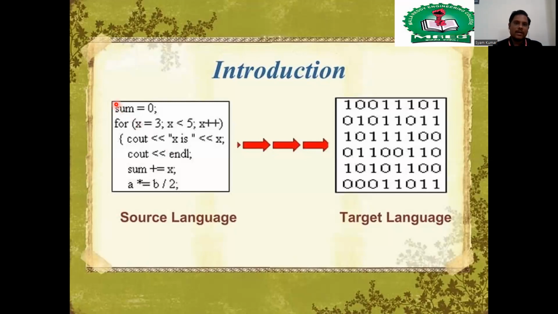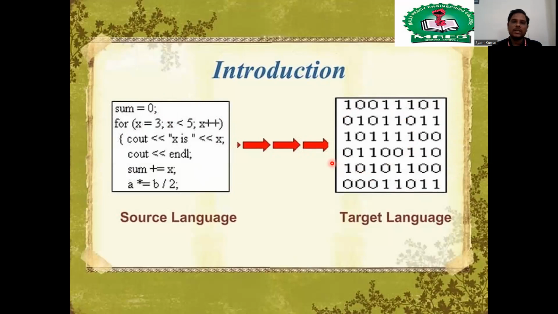So how should this high-level language be converted into machine understandable language? The machine understandable language is the target language. The high-level language is the source language, and the machine understandable language is the target language. So how should it be converted?